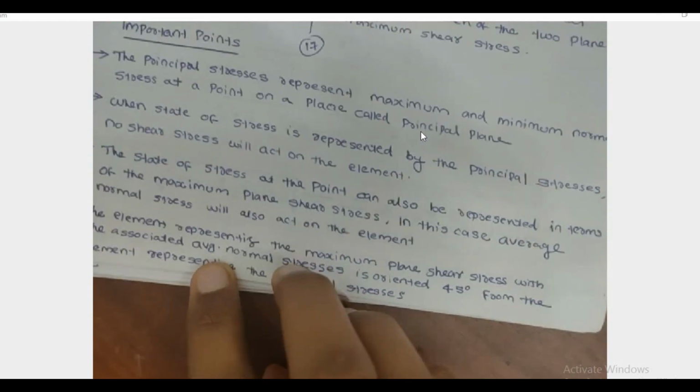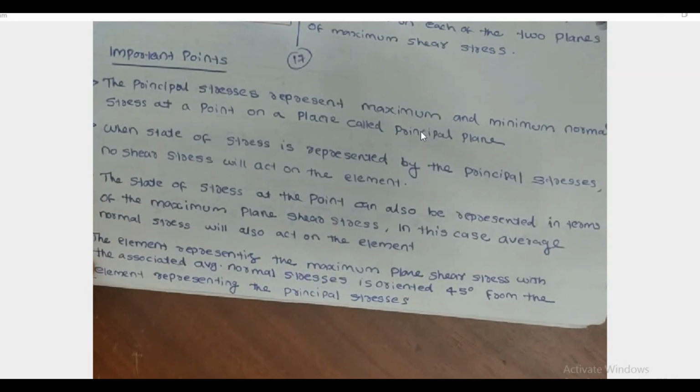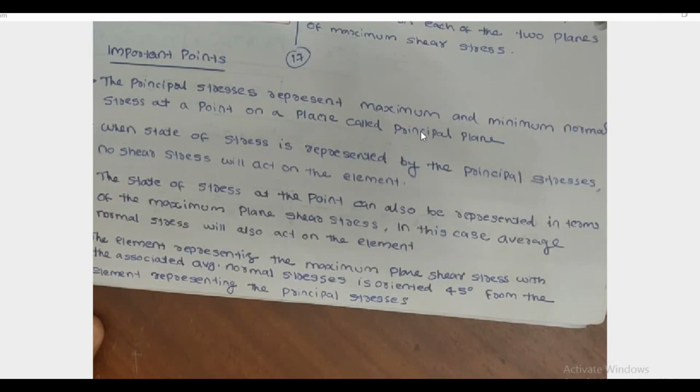So these are the important points. The principal stress represents the maximum and minimum normal stress at a point on a plane called the principal plane. When the state of stress is represented by principal stress, no shear stress will act on that element. The state of stress at a point can also be represented in terms of maximum plane shear stress. In this case, the normal stress will be the average stress.